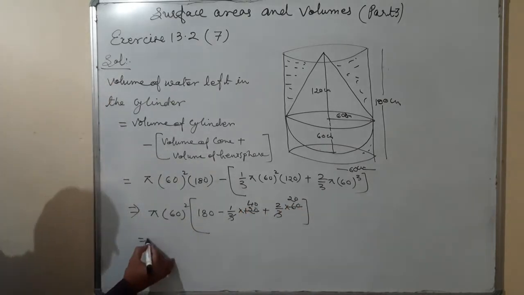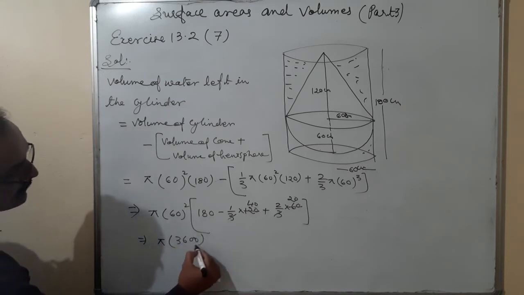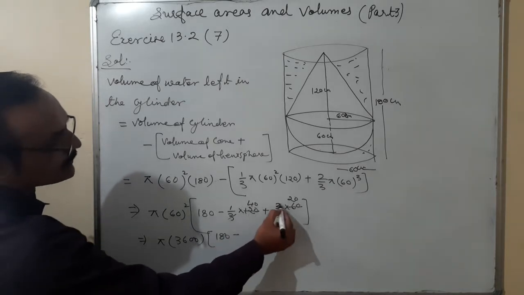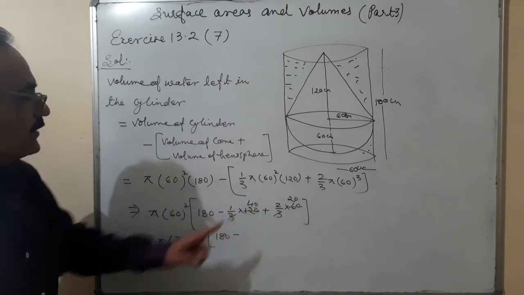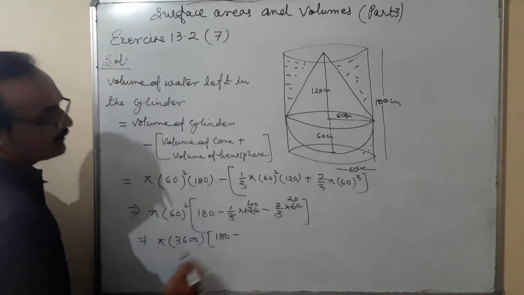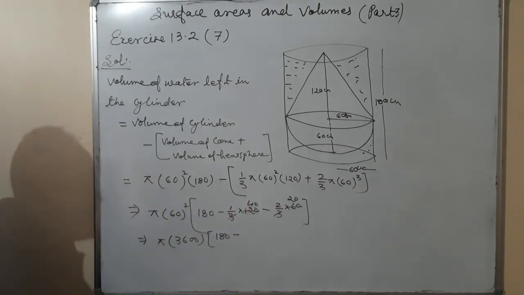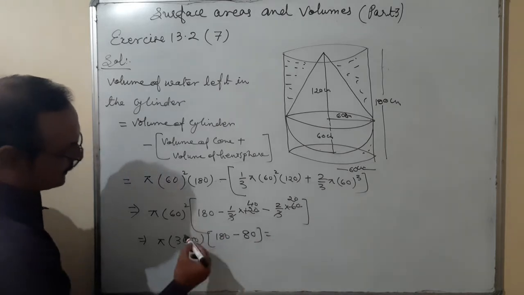So it is coming pi 60 into 60, 3600, 180 minus 40 and minus 40. This is actually minus sign. When you multiply this minus 2 plus, it is also minus sign. So minus 40 and minus 40, minus 80, 180 minus 80.